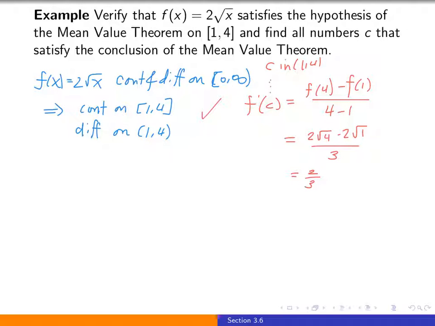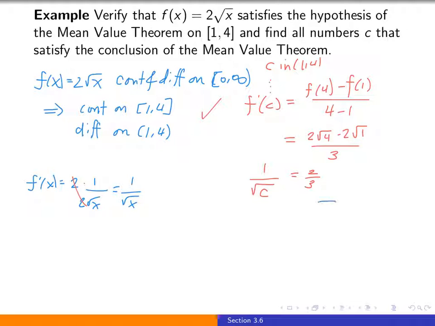So let's find the derivative. F prime of x is going to be 2 times the derivative of square root x, which is 1 over 2 square roots of x. So 1 over root x. So f prime of c then would be 1 over square root c. And what we need to do is find all values that satisfy this equation.